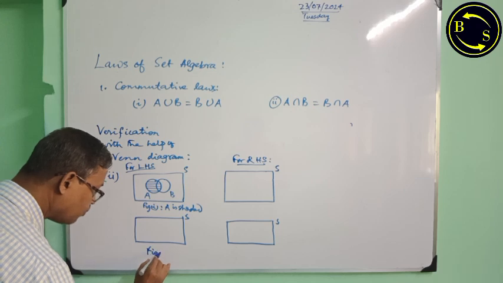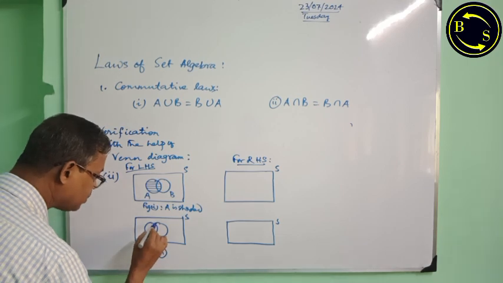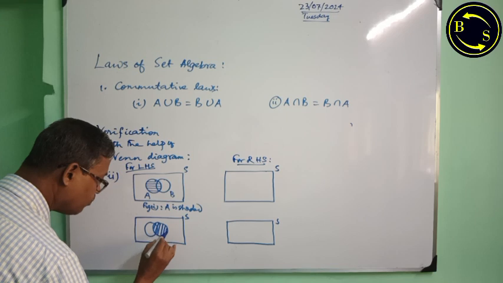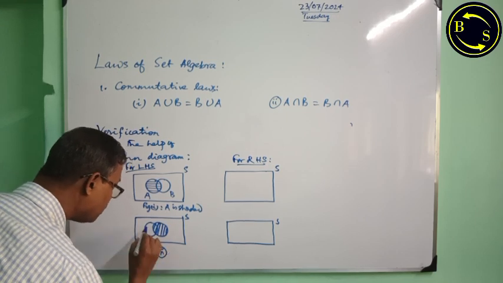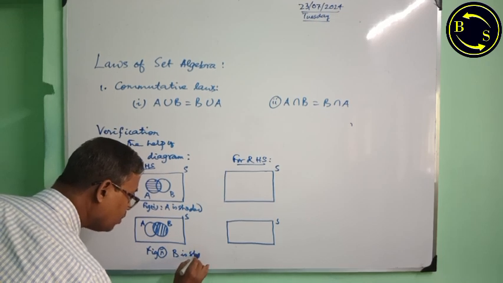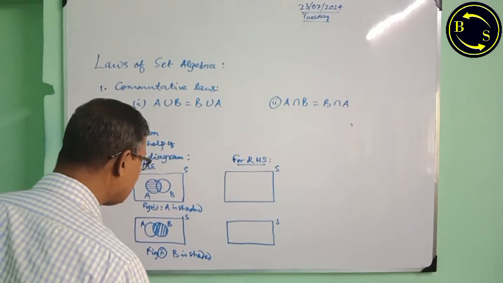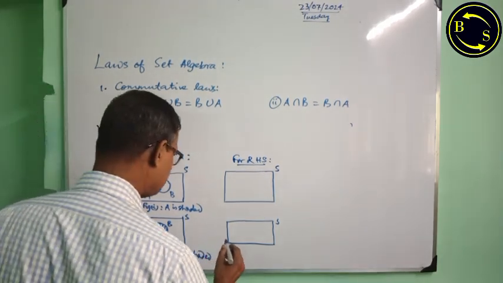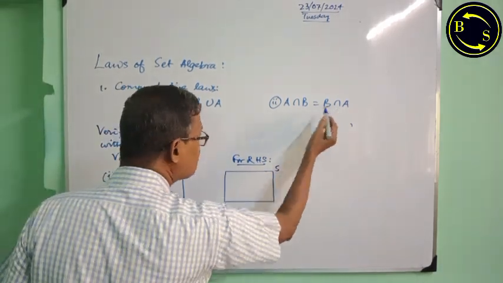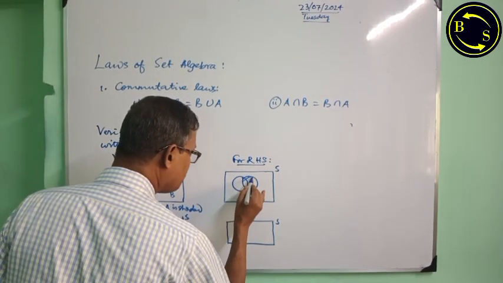Figure 2, B is shaded, means the shaded region indicates B set. Then on the right part, B intersection A, therefore we have to set B first.